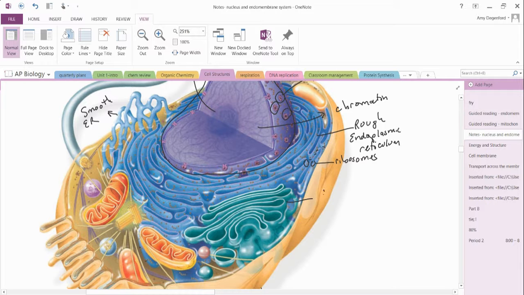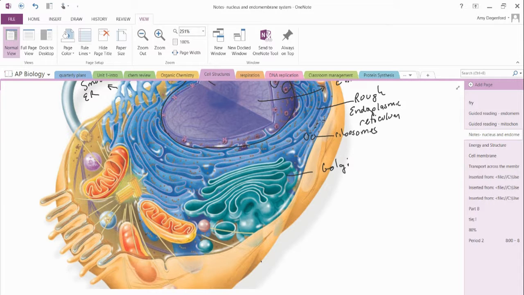You have the Golgi down here, the Golgi apparatus or Golgi body. And this is only showing one, but some cells have multiples of Golgi bodies. That's no problem. These are going to be our little transport vesicles, or sometimes books just call them vesicles. Very small, spherical, membrane-bound, just transport.